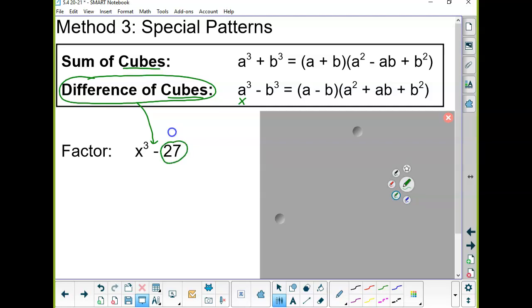But I do have 27. 27 is a very special number. What's a better way that we could write 27 right now? 9 to the third power. Close. 3 to the third power, right? 3 times 3 times 3 is 27. And that's the thing that you have to be aware of. So we're going to first rewrite this. And we're not changing the meaning, we're changing the appearance. Okay.